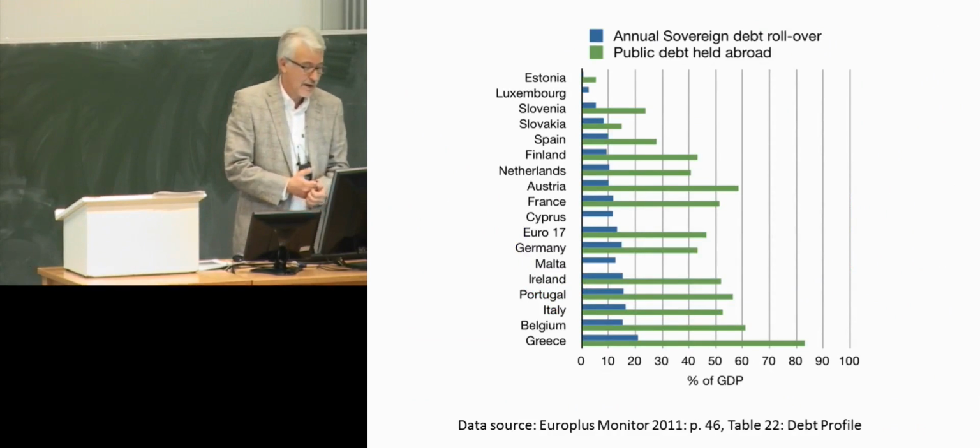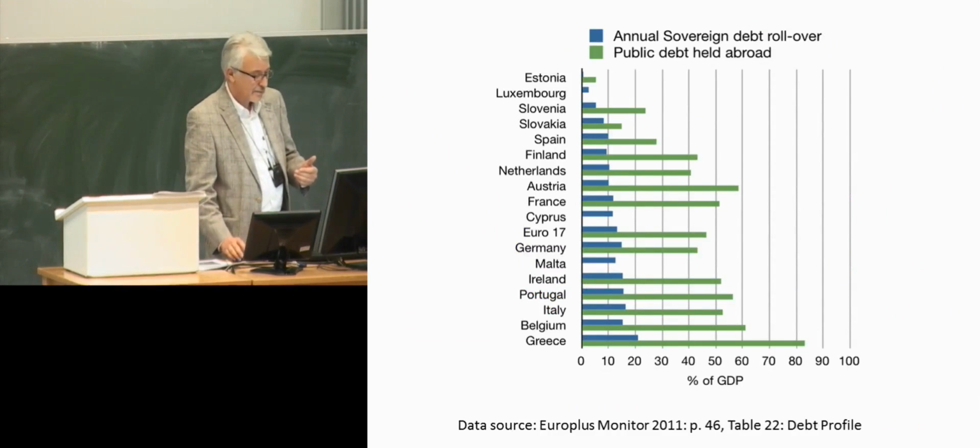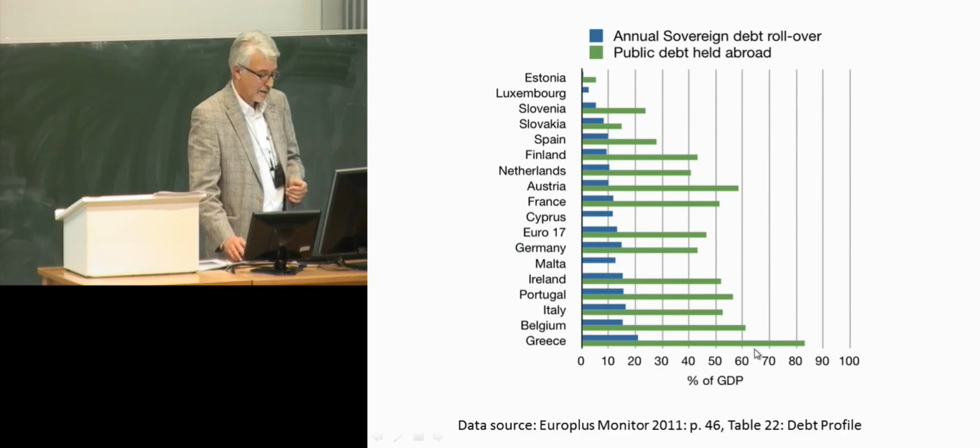Now, this is annual sovereign debt rollover. That means every year some debts have to be repaid and others have to be taken anew to be able to repay the old bonds. Now, there are huge differences between Estonia and Greece. Greece has to repay debts every year. They have a high debt rollover, much higher than in any other country.